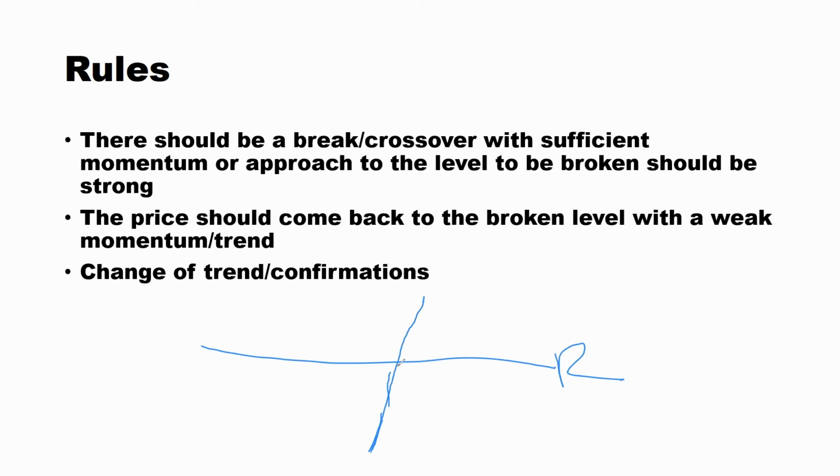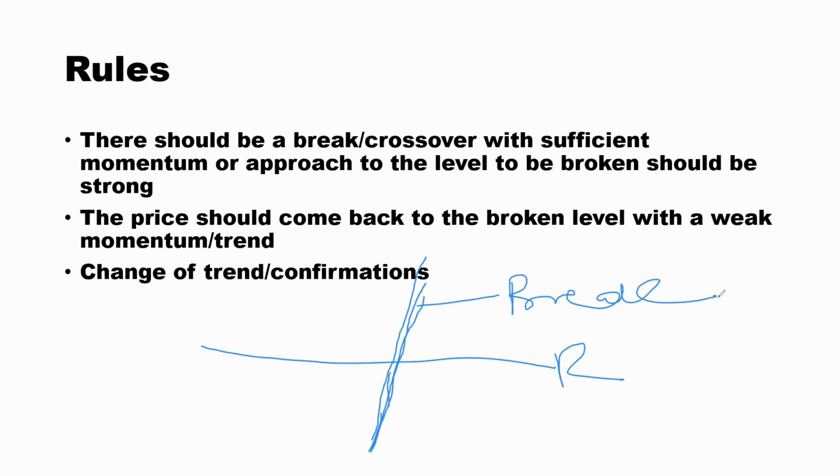The price should cross over this level. Remember, we said the act of crossing over is what we call a break. That's what our first rule is saying. But how do you know that the first rule has sufficiently happened or it is really a proper breakout? It is the momentum with which the price approaches that level. It can be support or it can be resistance. Are we together? That is our first rule.